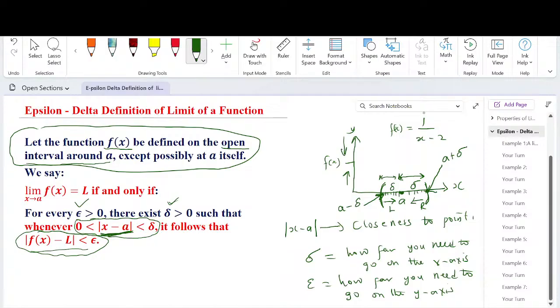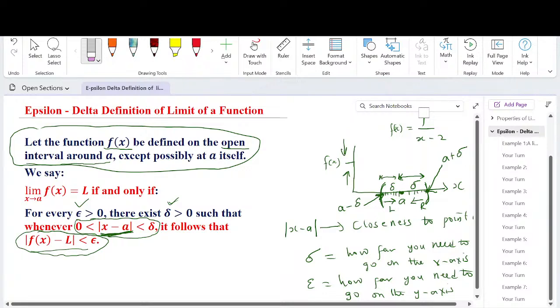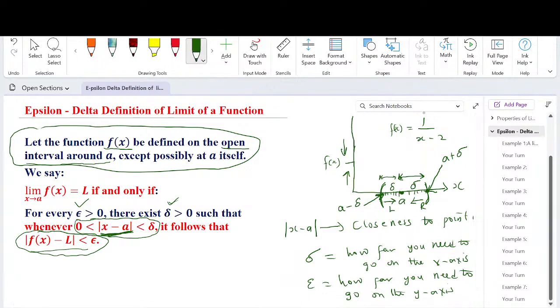Now the epsilon will be the corresponding value from your delta. I think I can extend this a little bit. If I take this up a little bit, this is the one, then this, and we are coming here now. So this will be epsilon. Any value of delta will produce the value of epsilon here. So this will be epsilon here too.